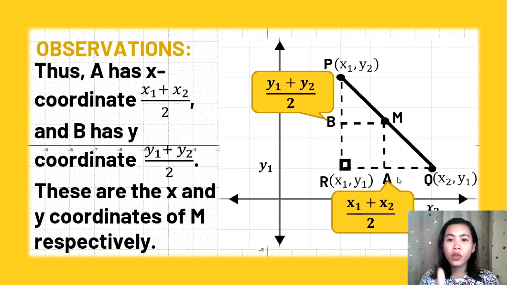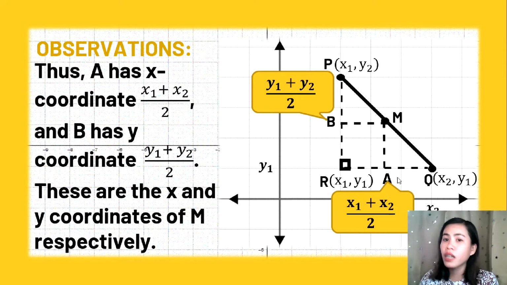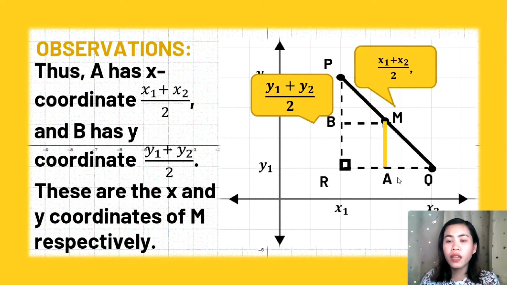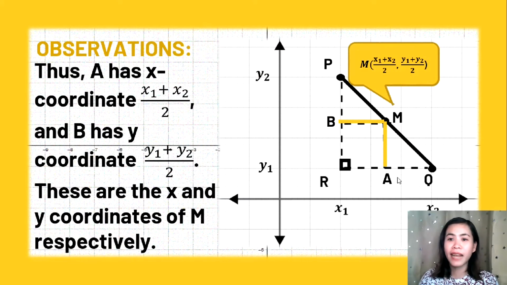Average lang ng y values ng ating line segment PR. And this x coordinate and y coordinate are the coordinates of our point M. So we have point M, abscissa is x sub 1 plus x sub 2 over 2, and ordinate niya is y sub 1 plus y sub 2 over 2, which is our midpoint formula.